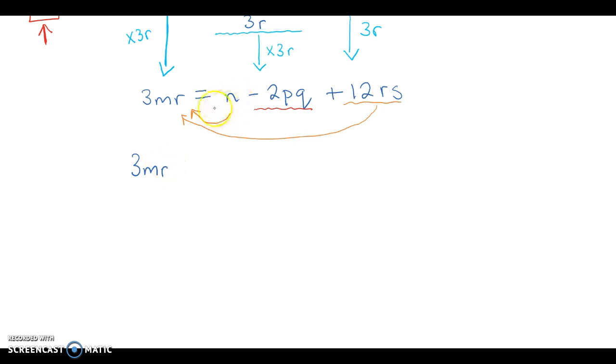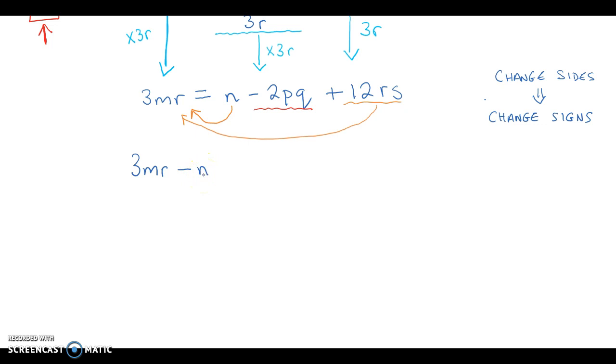The n is changing sides. The n is going from the right hand side of the equal sign over to the left. And remember, if we change sides, we change signs. So the n is going to come across. It was positive n, it comes across, it becomes negative n.